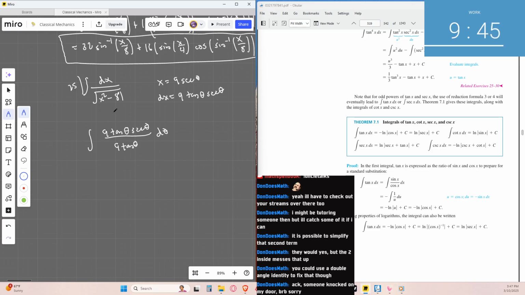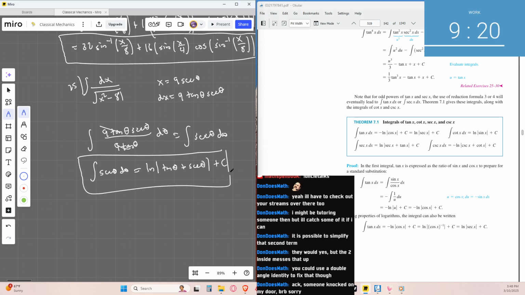So these two cross out, and then we're left with secant, which will lead us to the integral of secant theta, which leads us to the natural log of tangent plus secant theta plus c. Okay, so the answer was actually much easier than I thought. It's just that I went a wrong turn there.